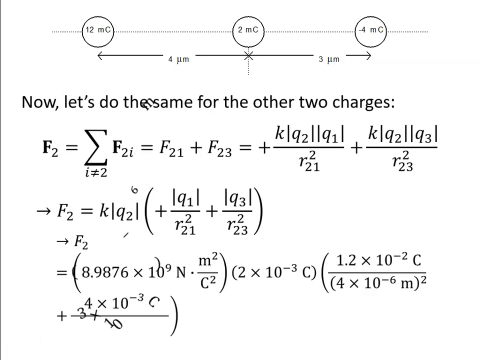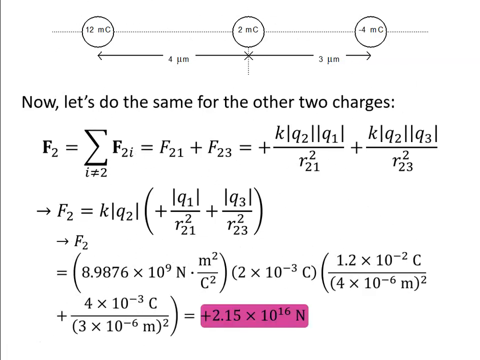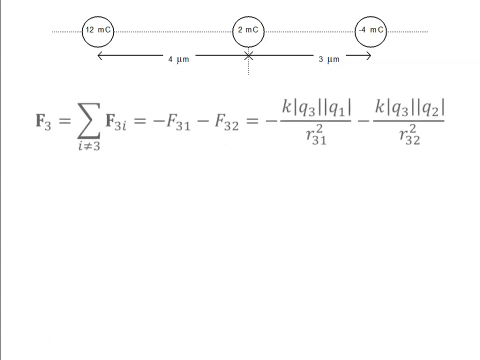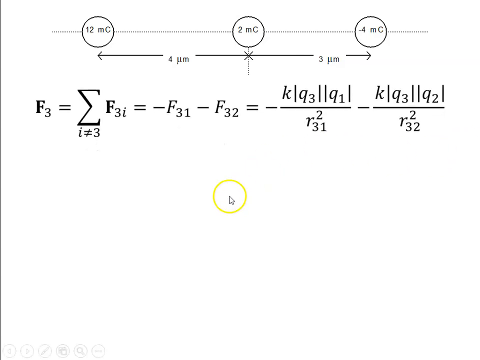So now we plug in our numbers, and we get a force of plus 2.15 times 10 to the 16 newtons. So that plus sign indicates that the force is to the right, just as the minus sign that we got on our last force indicated that force was to the left. And finally, the force on charge 3 is the force on charge 3 due to charge 1, plus the force on charge 3 due to charge 2.